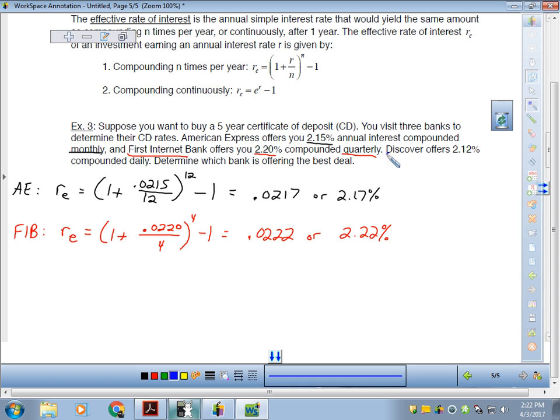And then our last one is Discover, which is 2.12% compounded daily. So for Discover, the effective rate, we have 1 plus, their rate was 0.0212, divided by, for daily, that means it's 365, and that means it's getting raised to the 365 power, minus 1.